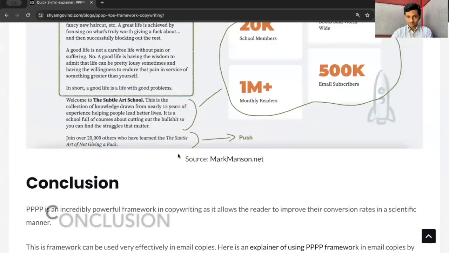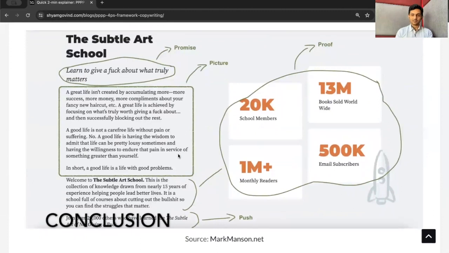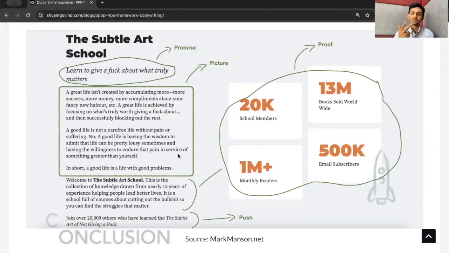So in conclusion, let's look at the entire 4P formula. You have promise, you have picture, you have proof, and you have push, right? So you start with the promise, you paint a picture, and then you show proof why you have the expertise to solve the problem or take the person to the dream, and then finally push them to take action.